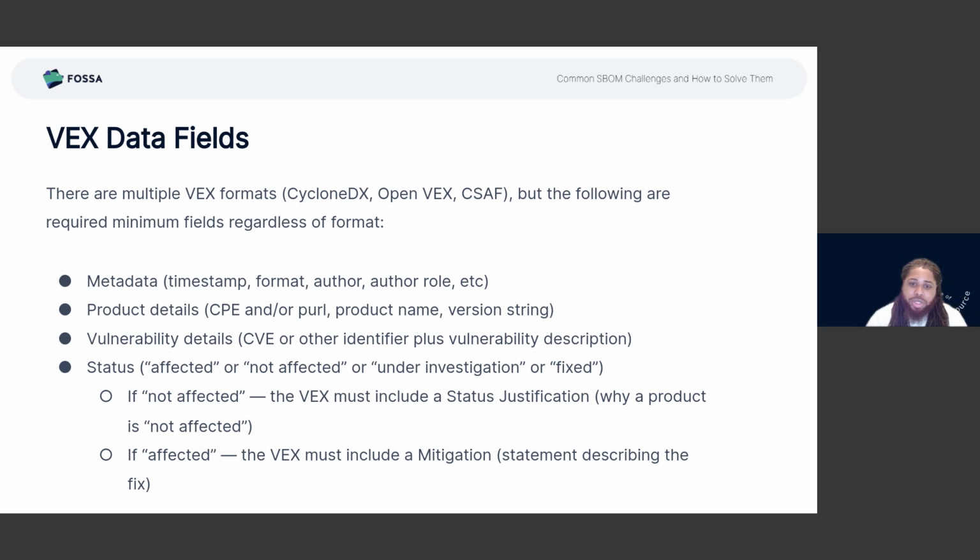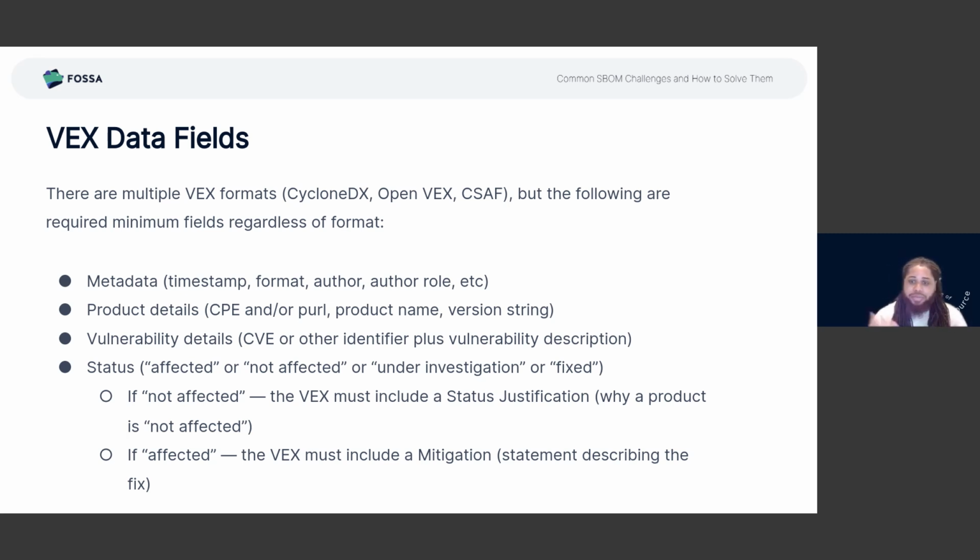Some of the things that you want to include that are absolutely important: the product details is massive. Whether that is a CPE or PURL, my preference will be PURL when possible, but obviously for commercial software and things that are not open source, an accurate PURL is not going to be possible, and so you will have to include a CPE there. Then the vulnerability details, but most importantly, the actual analysis information, which includes the status, whether it's affected or not affected.